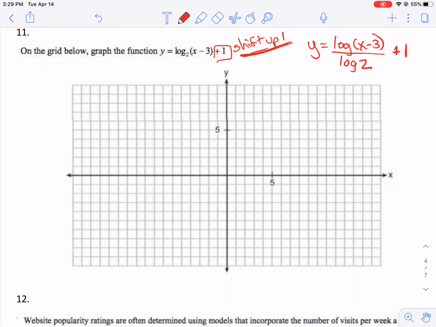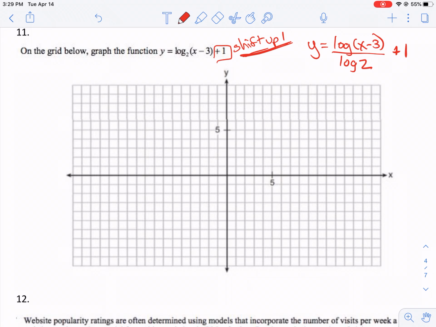Or I could type it into y equals carefully. Alright, so y equals log x minus 3 end parenthesis divided by log 2 end parenthesis and plus 1.